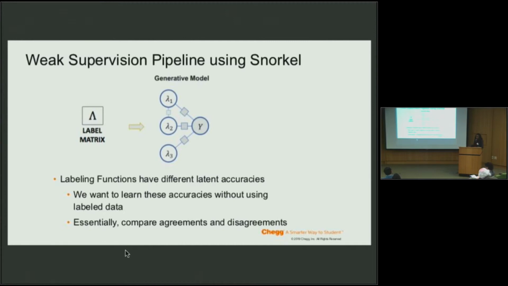The simple way we can think of it is a voting system and a majority vote, right? Let's say we had 20 labeling functions and 17 of them voted yes for data point 1 and 3 of them voted no. We automatically want to say, okay, maybe we don't believe in those 3 labeling functions as much as we do in the other 17. So this gives us an idea of the accuracy of each of the labeling functions.